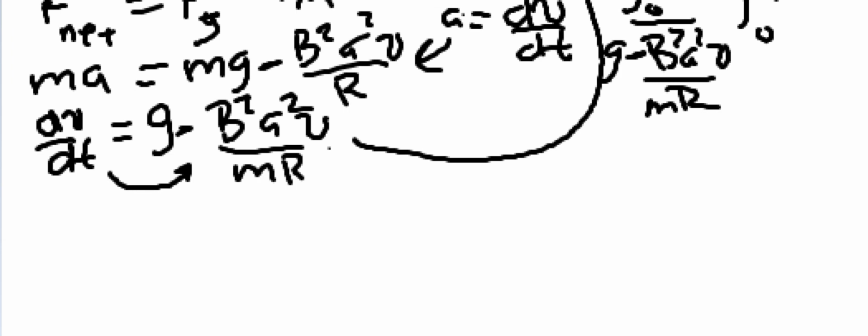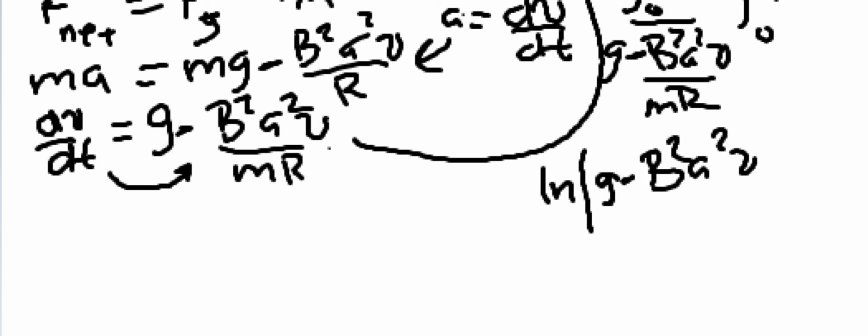This is going to become very nasty. We're going to get a natural log of g minus B squared a squared v over mR. And of course, chain rule, we can't forget chain rule.